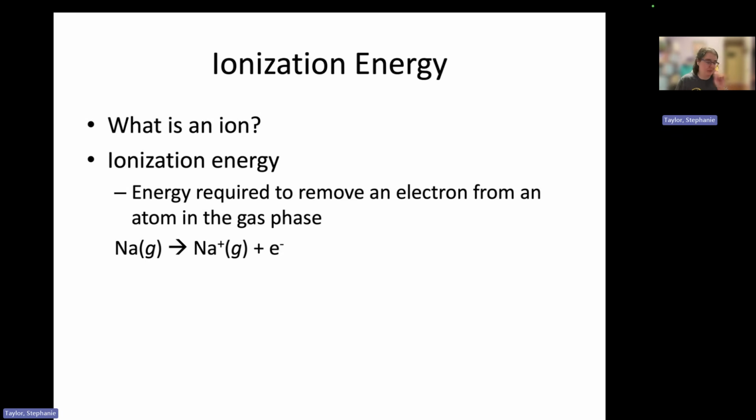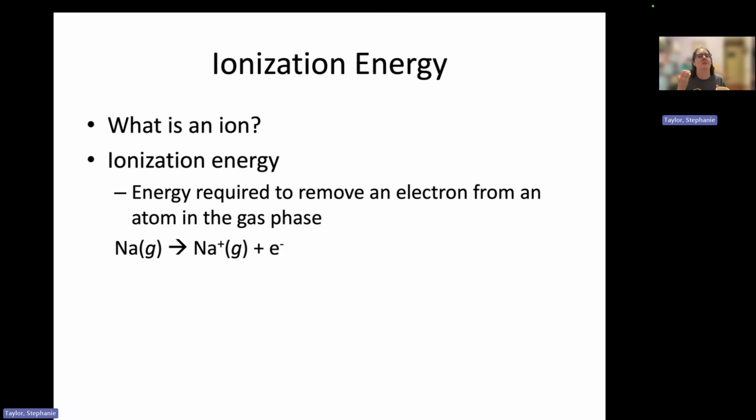So no matter how much you like it or dislike it, these are individual atoms. And this is not what happens when you put sodium in water. That's different. This is just what happens when you have sodium atoms heated, because that's the only way you're going to get them to be a gas.